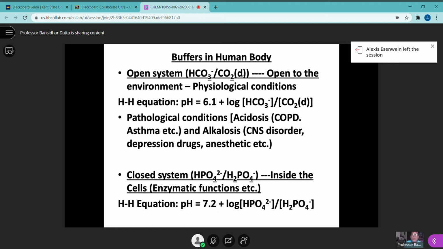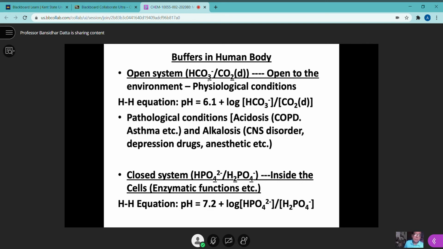This is an open system because it is open to the environment, and that's a physiological condition, because we are all breathing, and the carbon dioxide from outside is maintaining the pH of our blood, and if it is stopped, everything is gone, right?